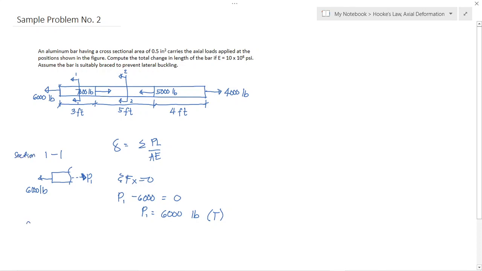Then, considering section 2, 2, we have, okay, ito na yung member natin. So, let's say, nag-cut ka dito. Ito yung cutting section mo. So, meron ka ditong 6,000. Then, meron ka naman ditong 7,000.